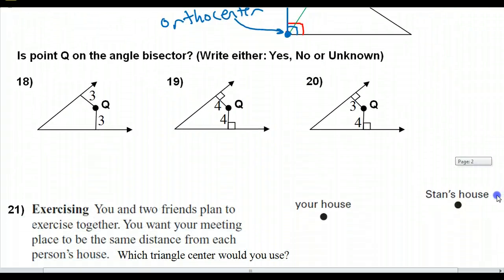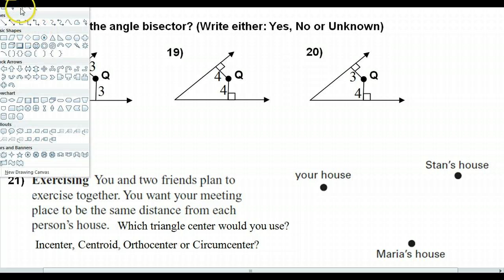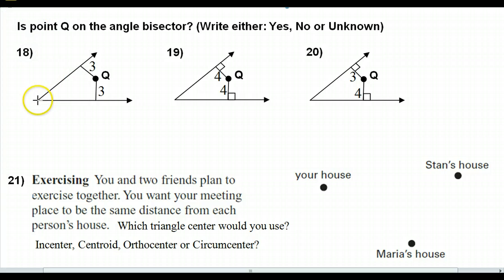Anyway, let's move on. Number 18. The main thing I told you about ones like this, to know if this point Q is on the angle bisector. In other words, if I drew another segment in here like this, is that an angle bisector or not?